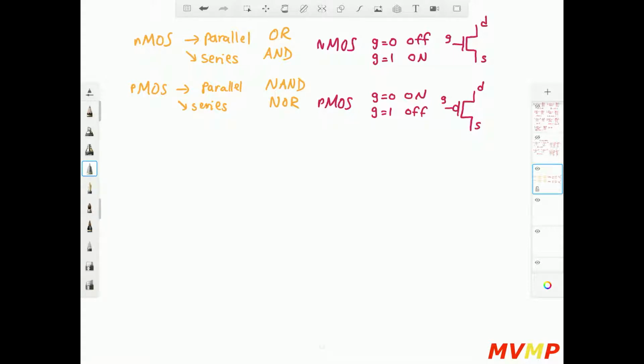Now in digital circuits, you represent nMOS and pMOS together as CMOS. You have a pull-up network and a pull-down network. You have your input and you have your output.